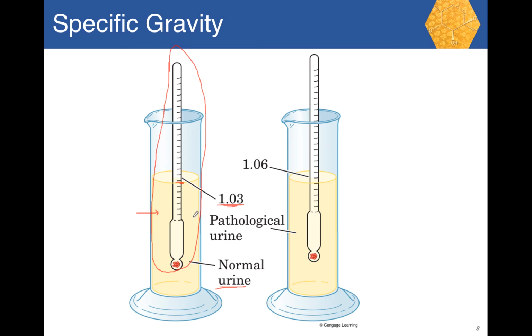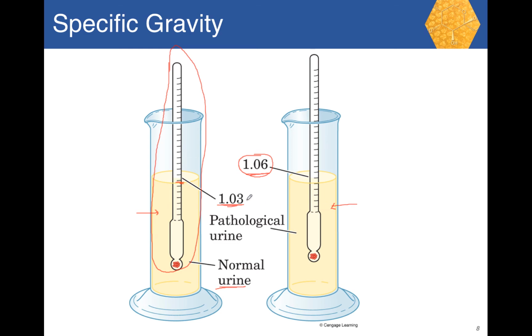On the other hand, if it's not normal urine, as over here, it will show a different specific gravity, which is not 1.03. In this case, it shows 1.06, which means that it's not normal urine. So especially for individuals in the medical profession, this is one way that we can determine if urine is normal or not.